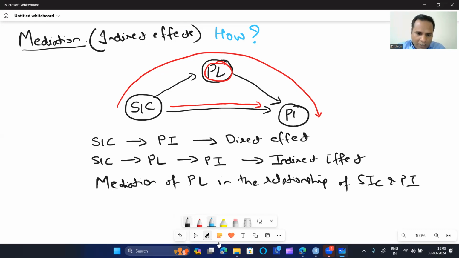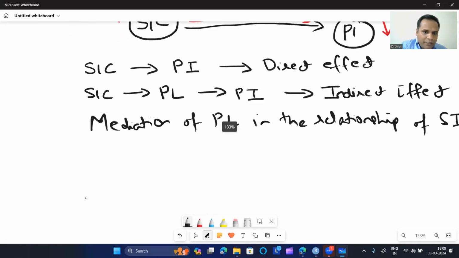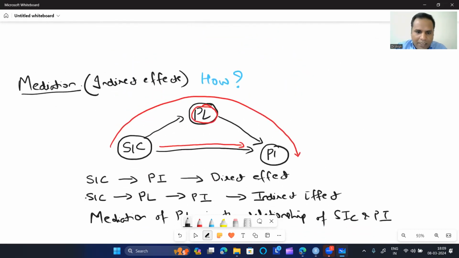You will also come across papers where, whenever authors conceptualize a particular construct as a mediation, they try to explain the underlying process. So mediation also explains the underlying process.